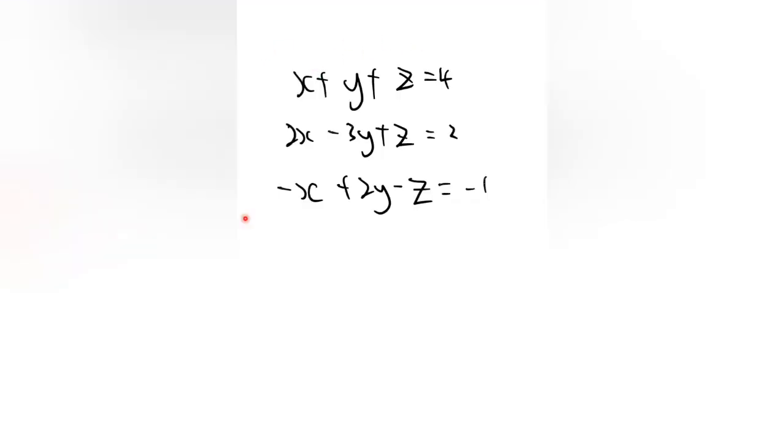Thank you. So this is our linear equation whereby x plus y plus z equals 4, 2x minus 3y plus z equals 2, negative x plus 2y minus z equals negative 1.